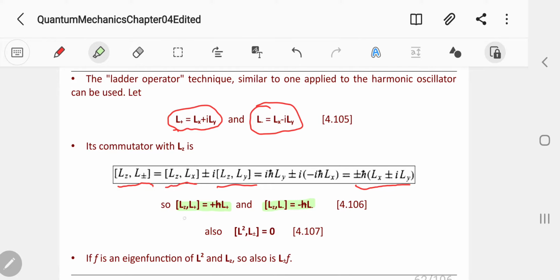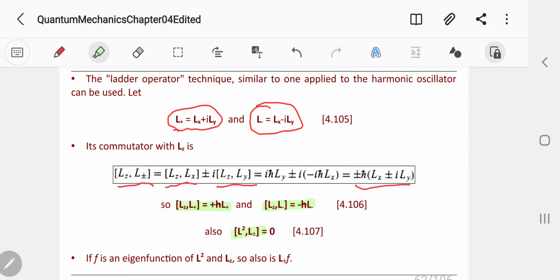So in this case, you have Lz on L plus, you only just disturb L plus, and for L minus, you only just disturb L minus. And here, of course, L square commutes with Lx and Ly, so it's understood to be 0.